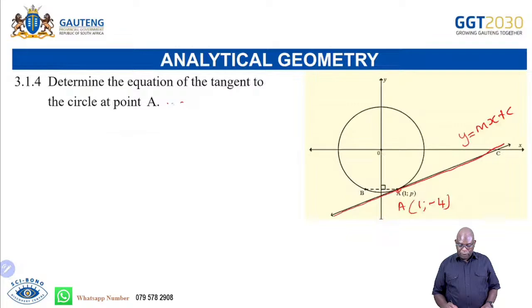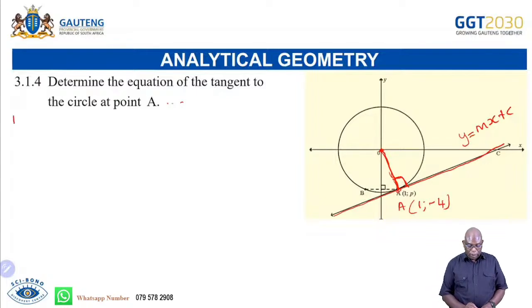The first method will be drawing the radius. We know that the radius is perpendicular to the tangent. So that radius from the center of the circle to the point here is perpendicular to that. So first I can get the gradient of the perpendicular line, that is the gradient of the radius. This is coordinate 0, 0.